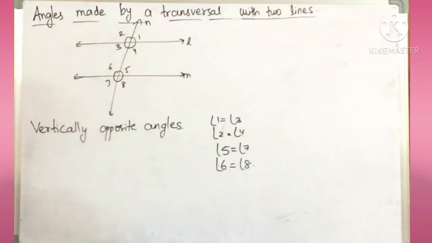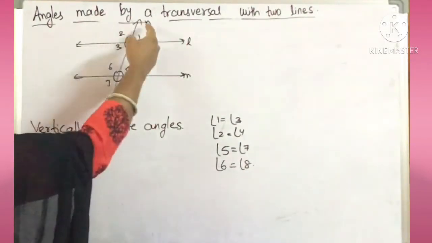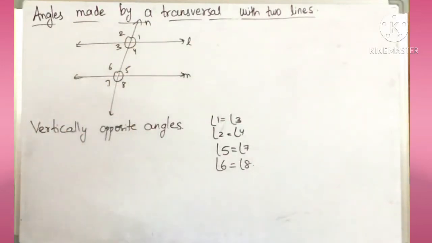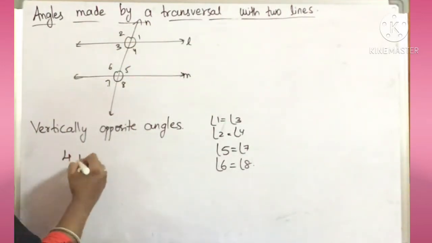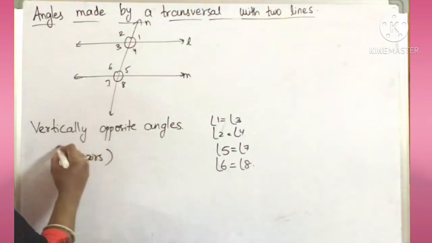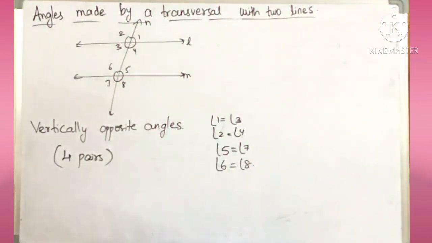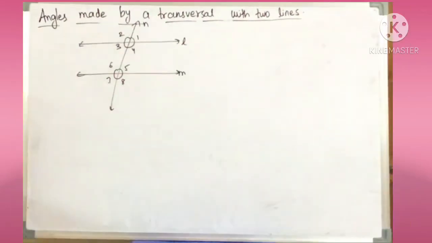So how many pairs of vertically opposite angles do you get when a transversal intersects two lines? You get 4 pairs of vertically opposite angles, and vertically opposite angles are always equal.